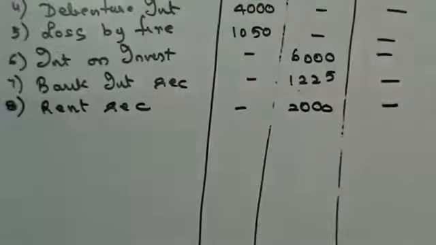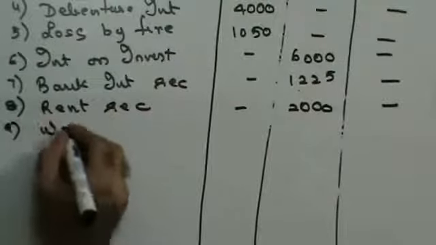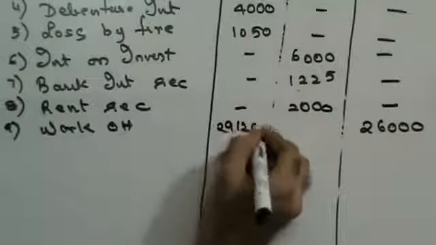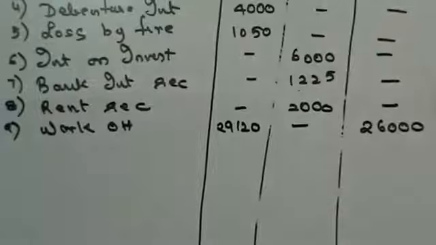They are saying that in addition to the above information, work overheads in cost account have been estimated to 26,000, whereas they have been charged at 29,120 in financial accounts.